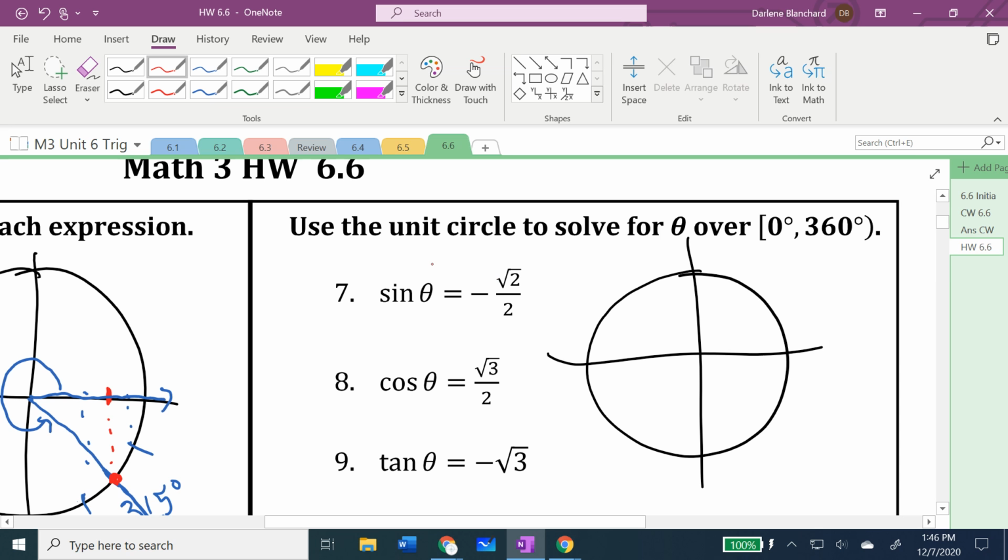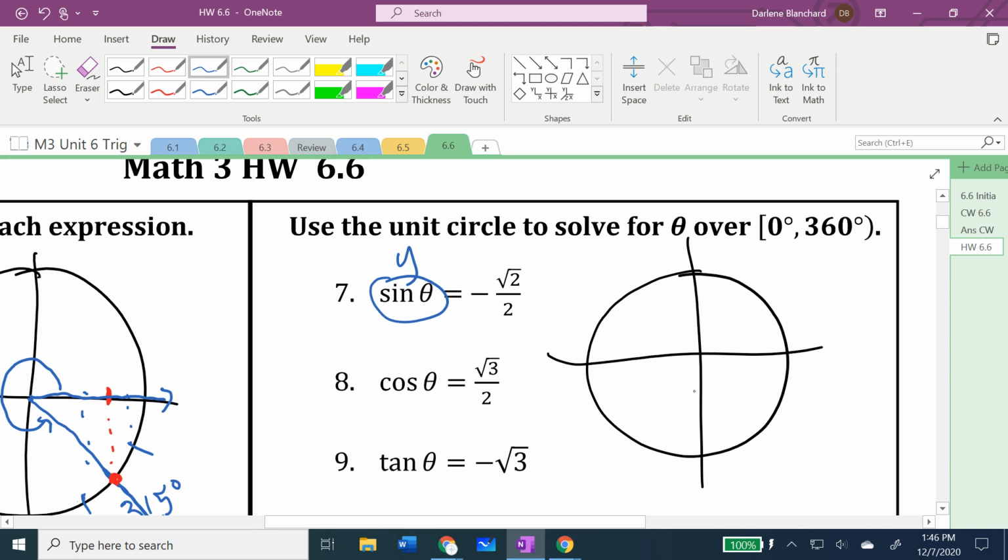I'm going to draw a circle. What I find easiest is to remember that sine represents y. I want to draw the line y equals negative root 2 over 2.